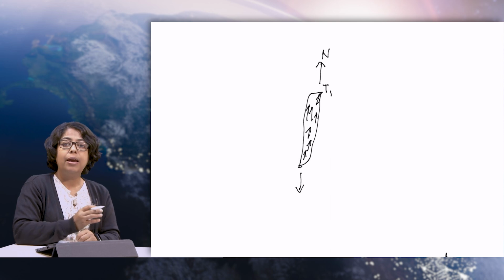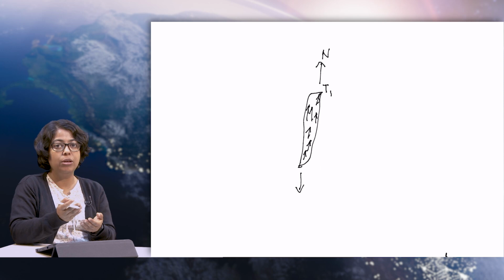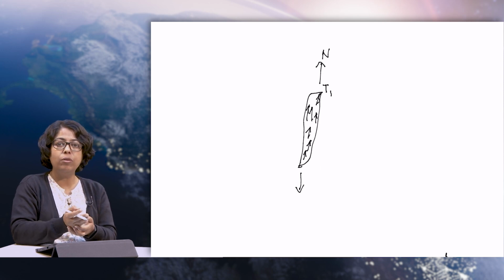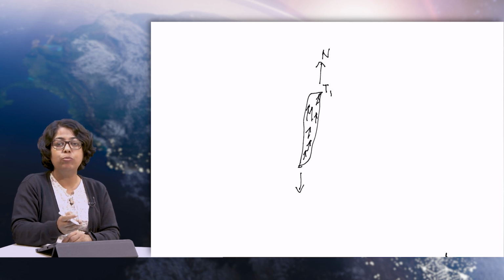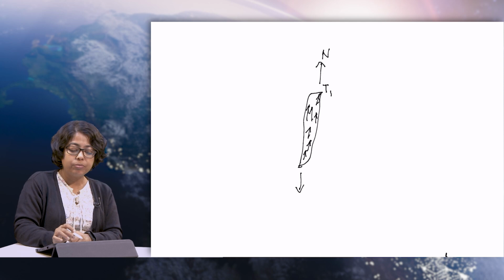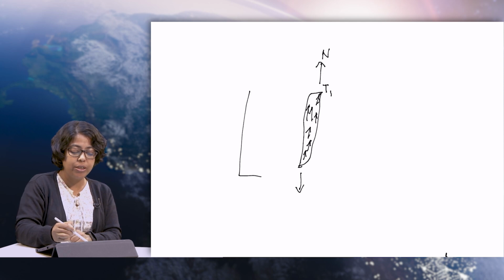But then, as we know, the seafloor is being created on a regular basis. So, now we are talking about a few million years later, which we are going to call T2. Now, T2 is, let us say, the present mid-oceanic ridge somewhere here.